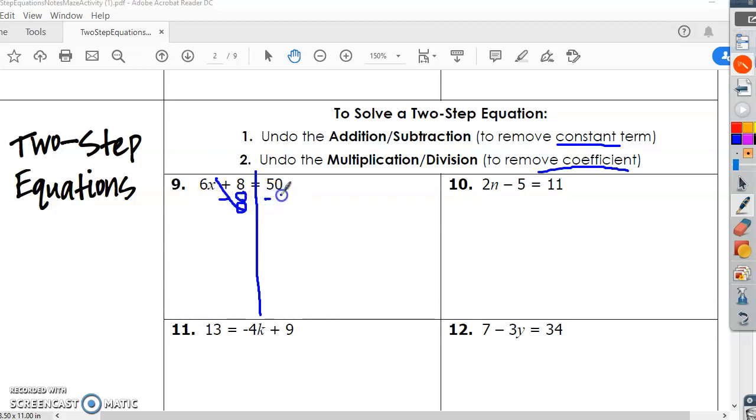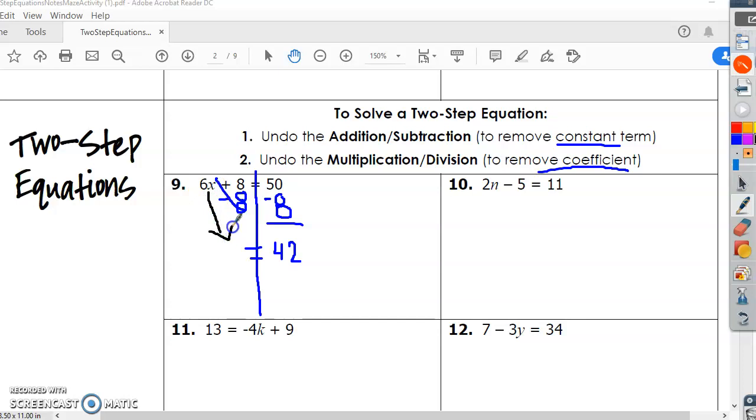And then minus 8 on the other side because, again, whatever I do to one side, I want to do to the other side. 50 minus 8, I have 42. And whatever I have left over here, I'm just going to bring it down.